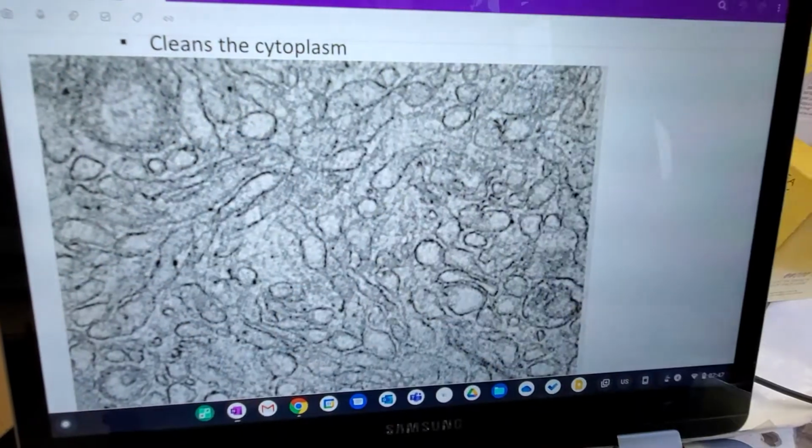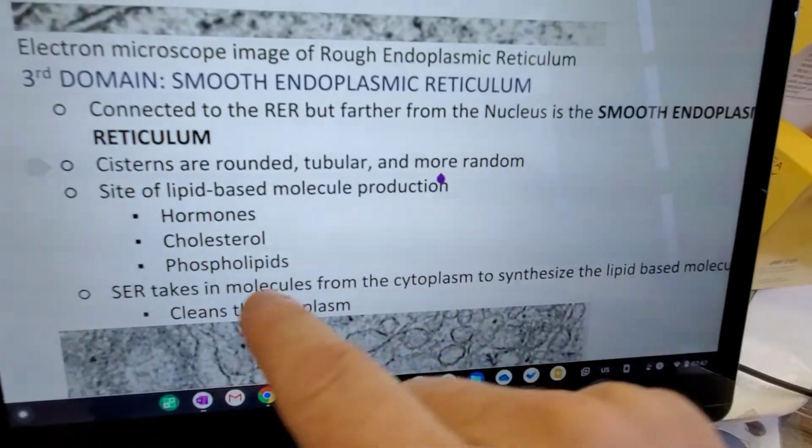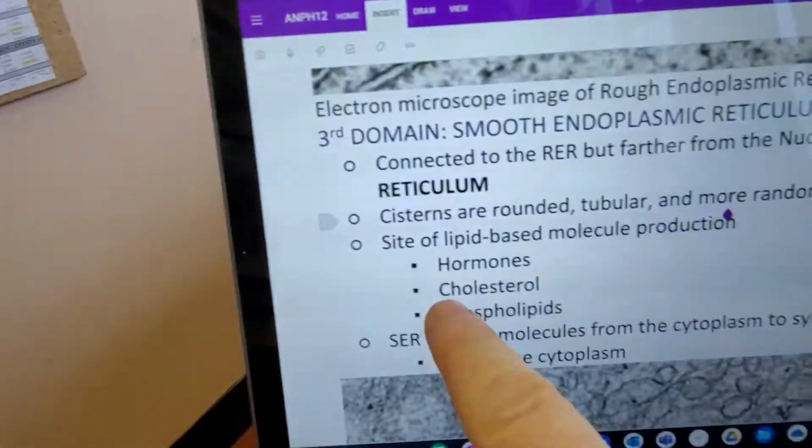You can see that's the slice through all those tubes. And so what's made in here are hormones. Hormones are fats. And what hormones do is they go and control which parts of DNA get expressed. So they're very powerful. They're very important because they control which enzymes are made or which proteins are made. So that's hormones. Cholesterol is made in here.